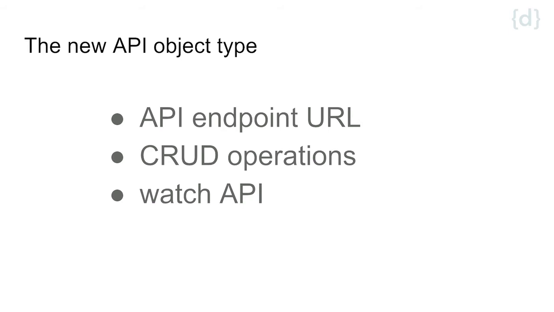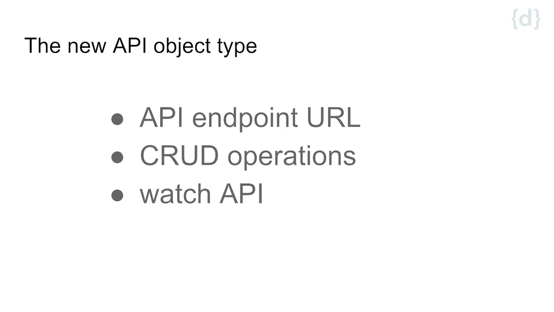And then when we submit this YAML to the cluster, the API server creates an API endpoint for us, so we can hit this Postgres endpoint. We can create, read, update and delete objects, and we have a watch API.